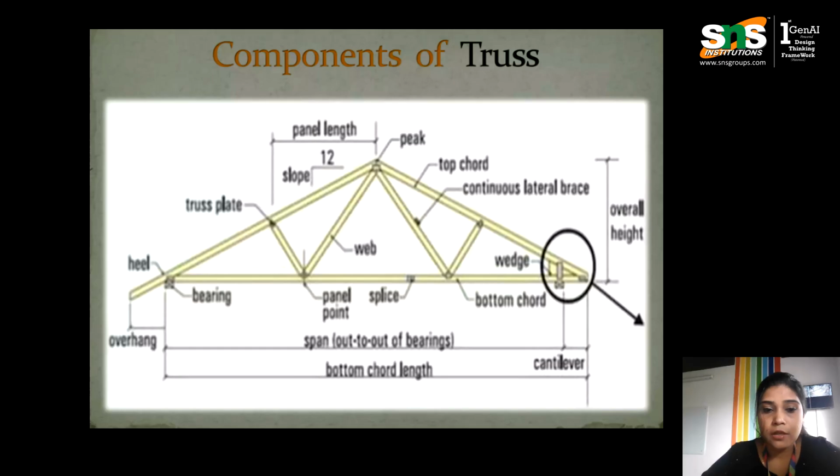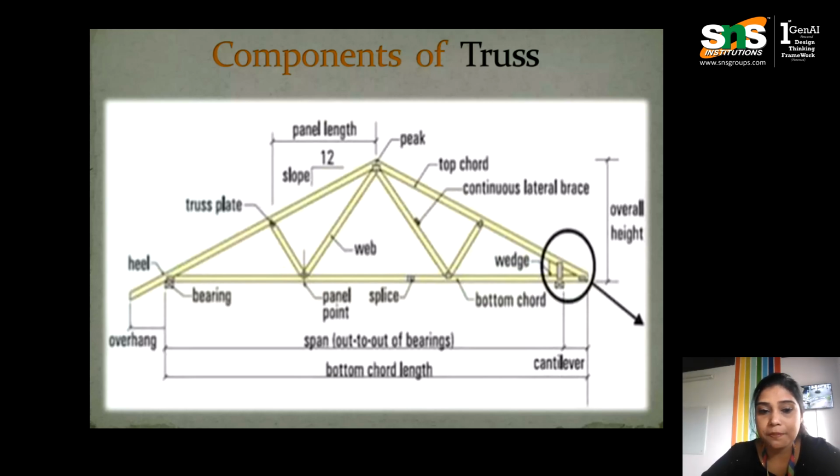You can also see joints, or panel points, the points where the top chord, bottom chord and web members meet. These joints are connected through pins or hinges.